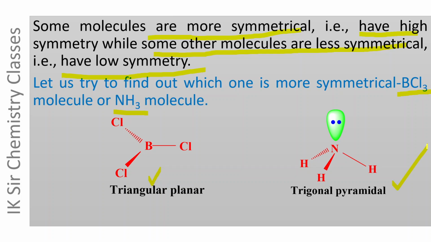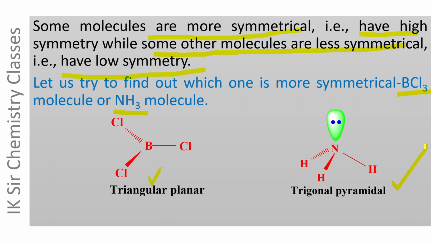If I ask you students which one is more symmetrical, BCl3 or NH3, some students will say that the BCl3 molecule is more symmetrical, while some other students will say that NH3 is more symmetrical, and thus there will be a controversy and dispute over the symmetry of BCl3 and NH3 molecules.